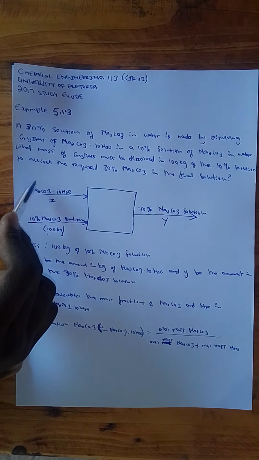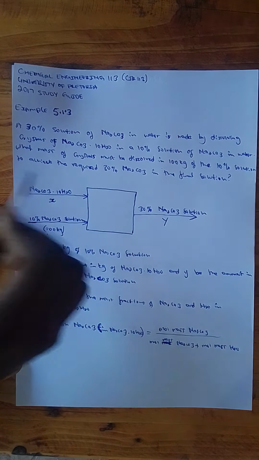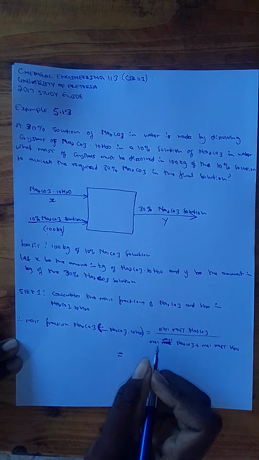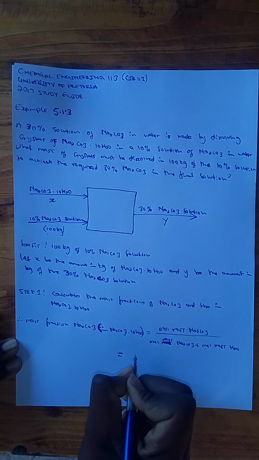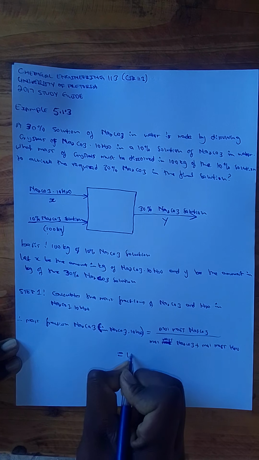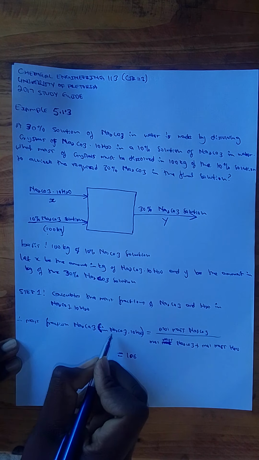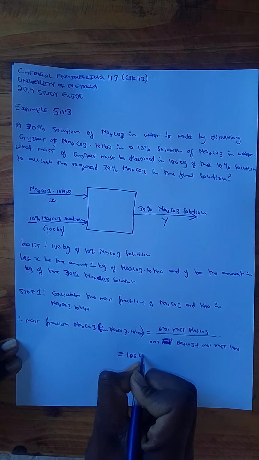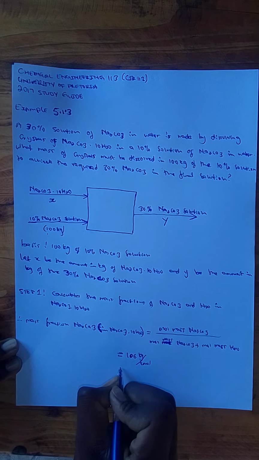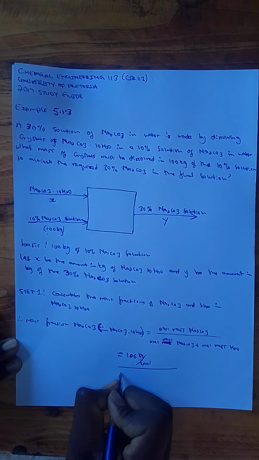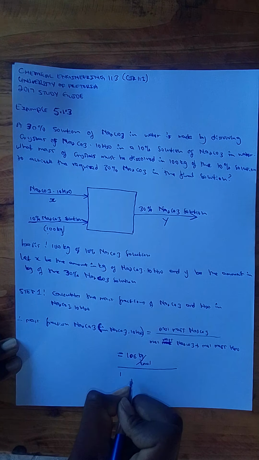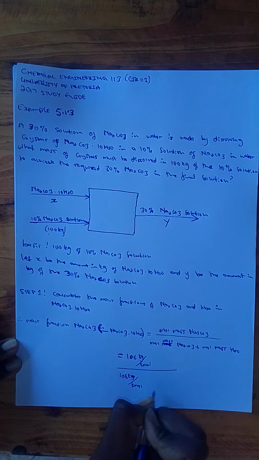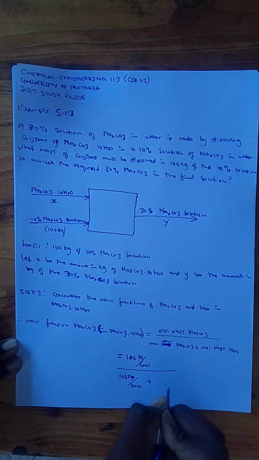So the mass fraction of Na2CO3 in here is actually the mole mass of Na2CO3 all over the mole mass of everything. In calculating that, we know the mole mass of Na2CO3, using the periodic table, is 106 kilograms per kilomole, all over 106 kilograms per kilomole plus the mole mass of water.